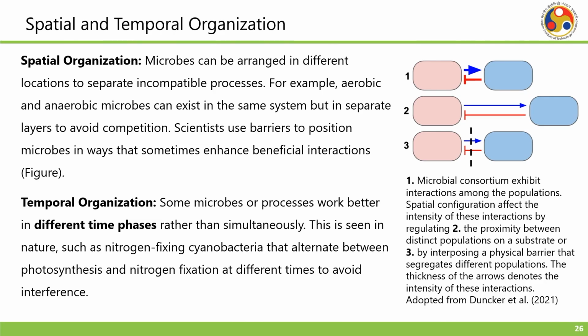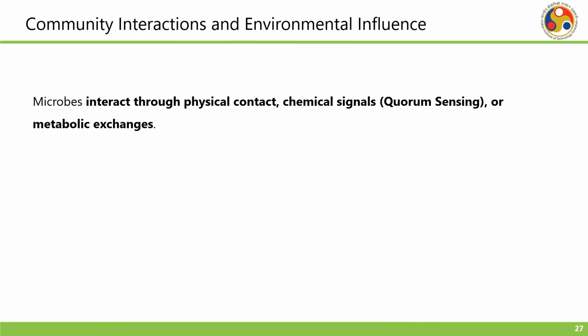So, in temporal organization, some microbes or processes work better in different time phases rather than being in the same time, same space. This is seen in nature, such as nitrogen fixing cyanobacteria that alternate between photosynthesis and nitrogen fixation at different times to avoid interference. So, microbes interact through physical contact, chemical signals or quorum sensing, or metabolic exchanges.